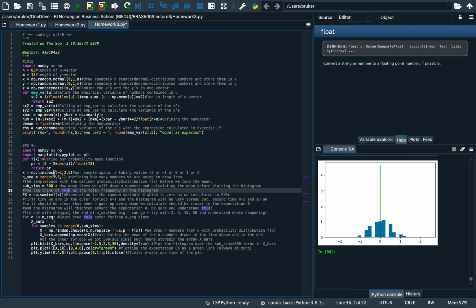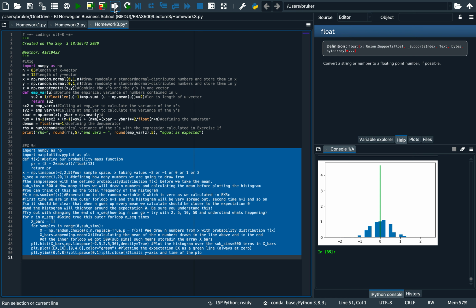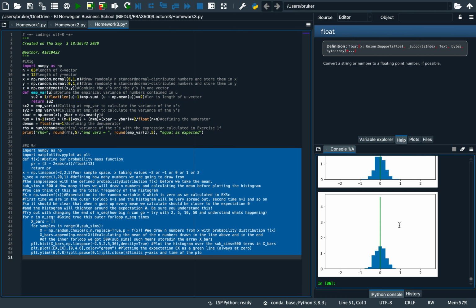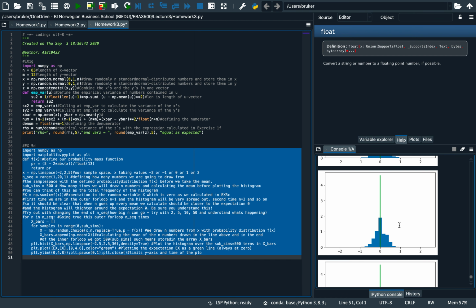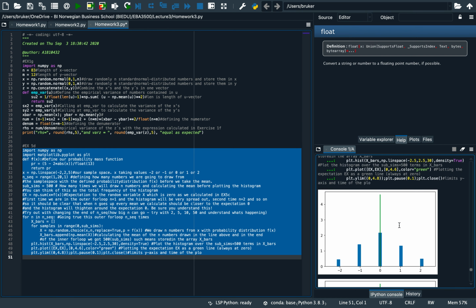But let's make this more clear by letting n go up to 20. Okay, then I run the code again. Now we have 19 or 20. So let's see where it starts. Here it starts.